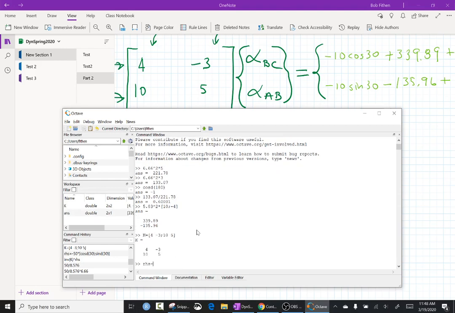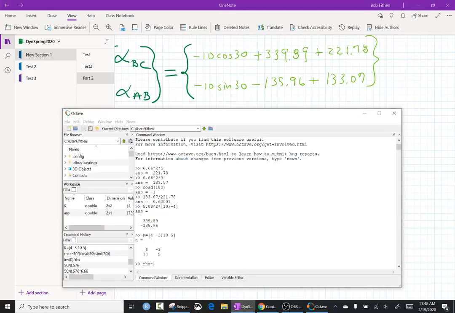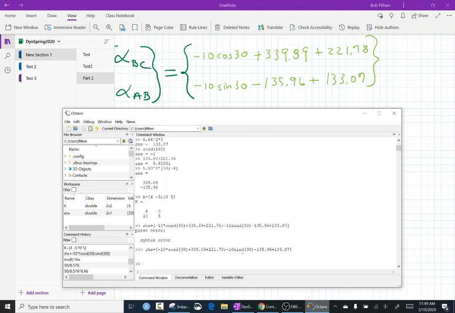And then the right hand side is going to be, and I'll have to move it over, minus 10 cosine degree of 30 plus 339.89 plus 221.78 is 10 sine degree of 30 minus 135.96 plus 133.07. Close it all up.